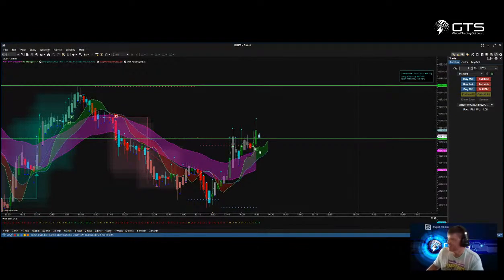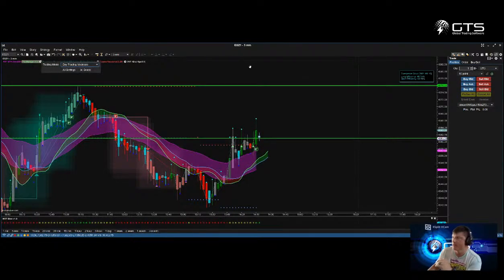There you go. All right, so we got the 6-star pop on the ES right here. This is the 3-minute. Now, if you get a 6-star on the 3-minute, you manage it on the 1-minute. That's how this goes, okay? So, manager, let's change this back to moderate.